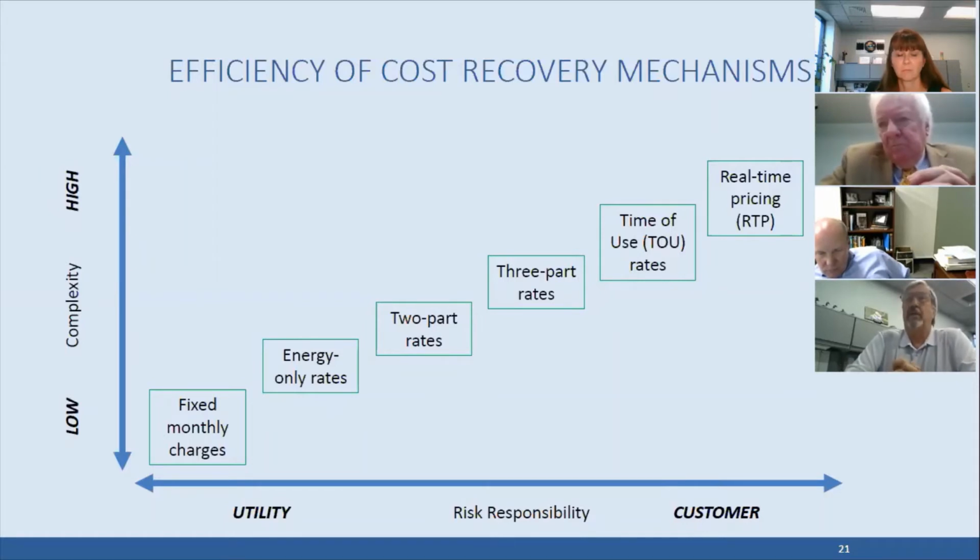Time of use says that there are peak periods when costs are higher than at other times, and if we adjust our rates to have higher charges during the time when our costs are higher, then we not only assign the cost recovery responsibility more efficiently, but we also send an incentive to customers to use less when the costs are higher, so that we can pass on lower costs to them.